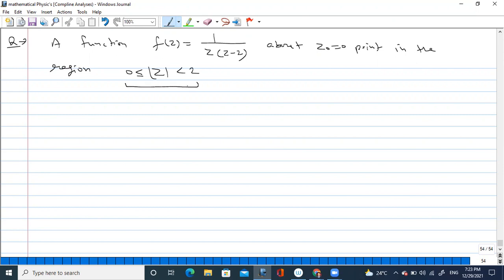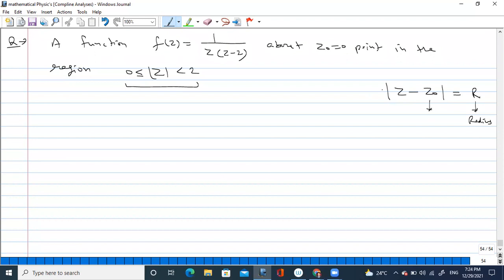So what is the meaning of this region? This mod z always represents, see here, z minus z0 is known as the radius. This is your radius.